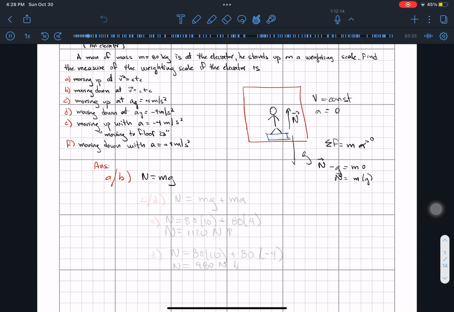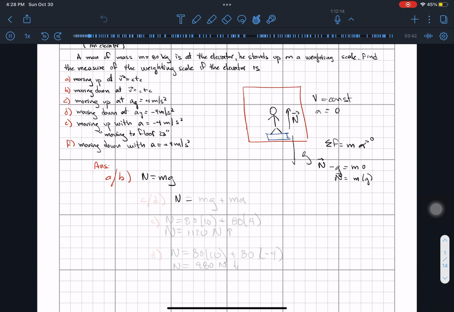Now this is different for C and D, since they're giving us a value for acceleration. So what we need to do is calculate.